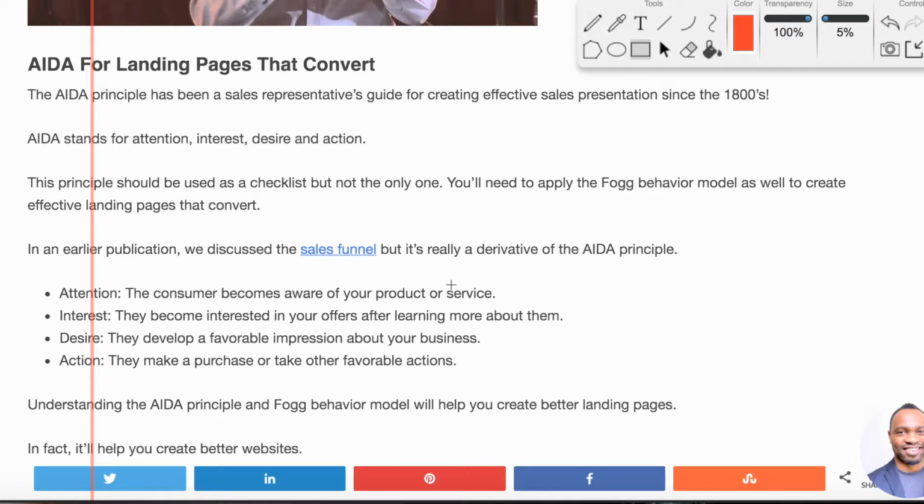But with our landing pages, we want to obviously have a good structure. So if you follow the AIDA principle, then attention: you want a very good headline, maybe a paragraph that supports your headline.